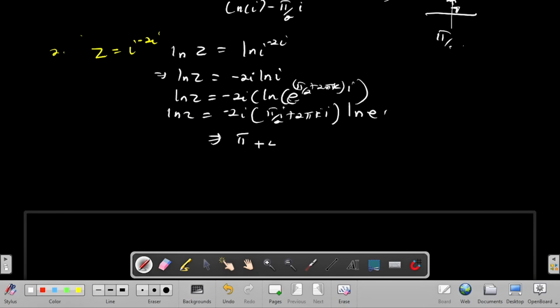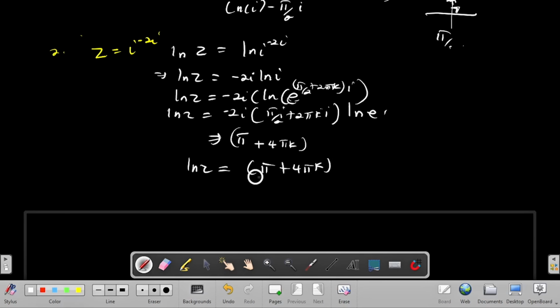Then plus 4. So 2 times negative 2 is negative 4, but i times i is negative, so positive 4 pi k. Right, like this. Nicely written. Then ln e is simply what? 1. ln e is simply 1. So therefore, you are going to have ln z to be equal to pi plus 4 pi k.